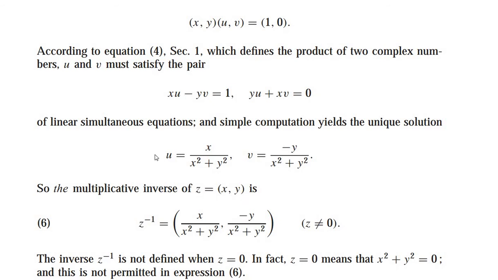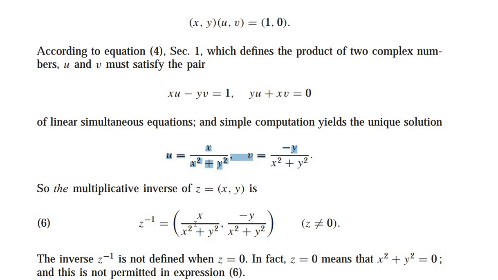Anyone can ask how we take the inverse of a complex number. Then we use this one, that is z equal to xy. Now we need the inverse of z, of xy.